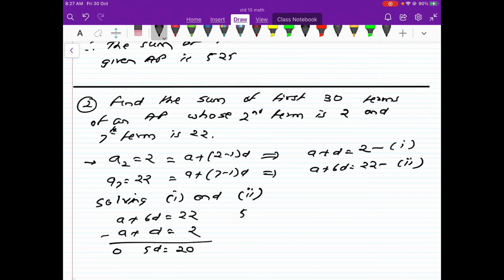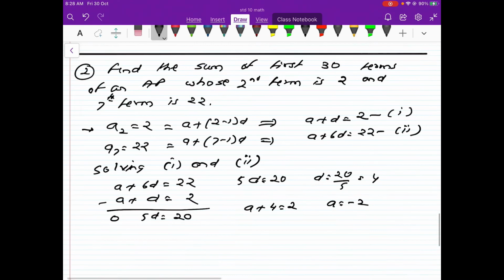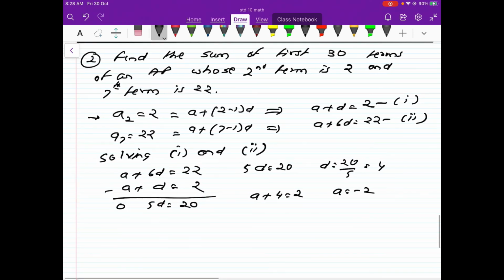So 5d is equal to 20. So d is equal to 20 upon 5, which means 4. Then a plus d is 2, so a plus 4 is equal to 2. So a is equal to minus 2. So now we have the first term as minus 2 and the common difference as 4.